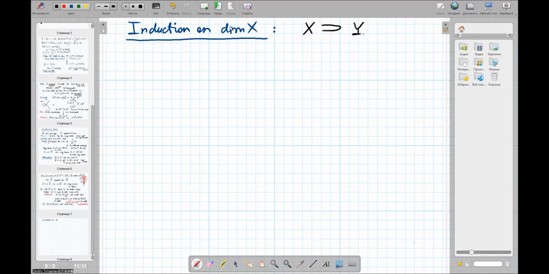Let me denote it by Y naught. So this is an open G orbit, open and dense because X is irreducible.